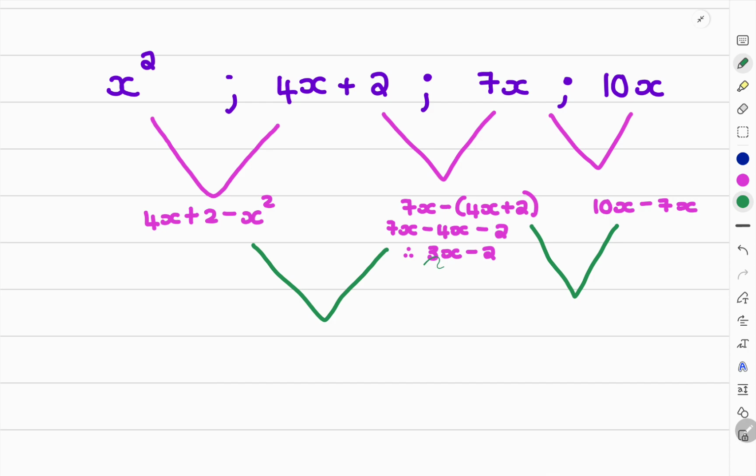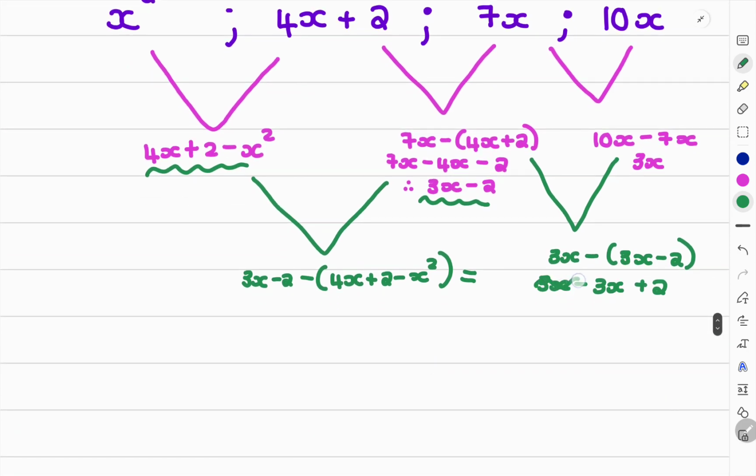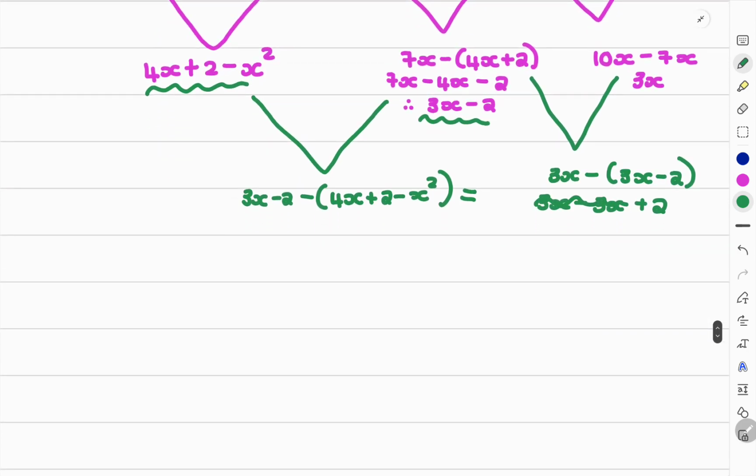So again, it's this one subtracted by this one, minus 4x plus 2 minus x squared, and that will equal the difference here. If I simplify here, that would be 3x, so it's 3x minus 3x minus 2, which gives you 3x minus 3x plus 2. That will fall away, and I'm left with a 2.